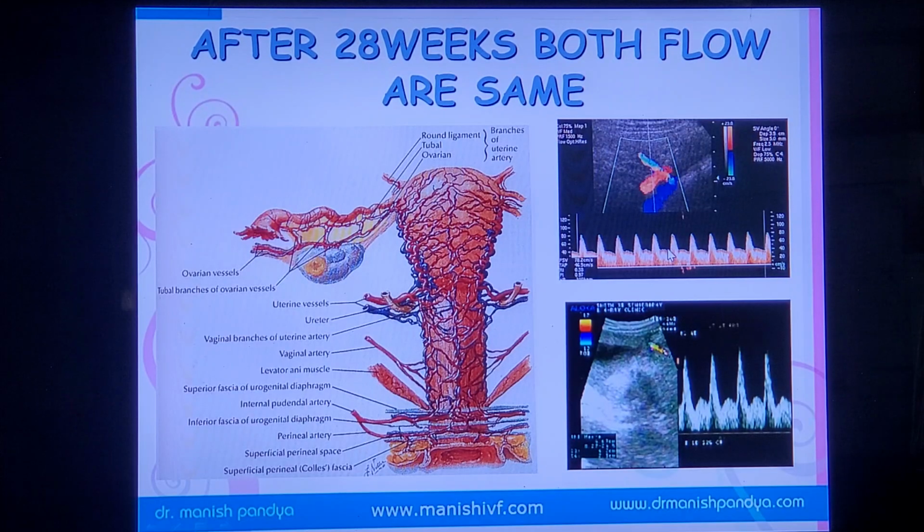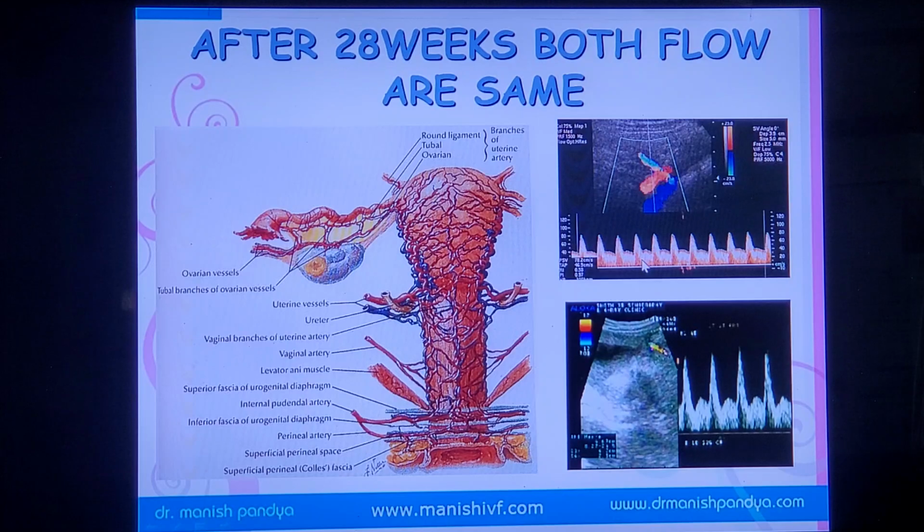So if you don't want your baby to go down into the deep cliff by absent flow or reversed flow, always catch all the babies before they go for lactic acidosis, meconium-stained liquor, or jeopardy, or a difference in the pH of blood. So deliver all the babies before the Doppler becomes abnormal.